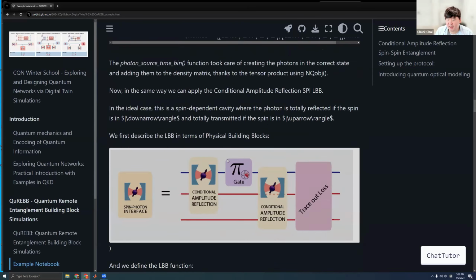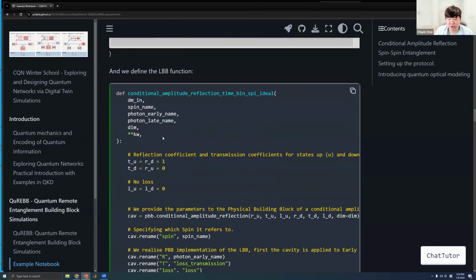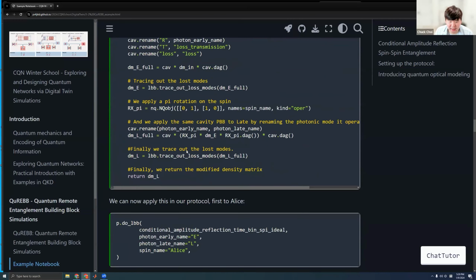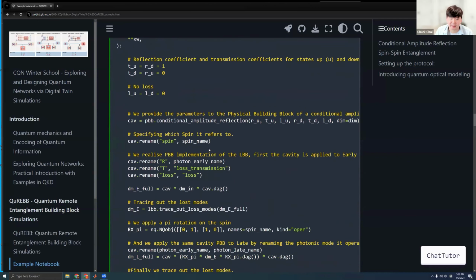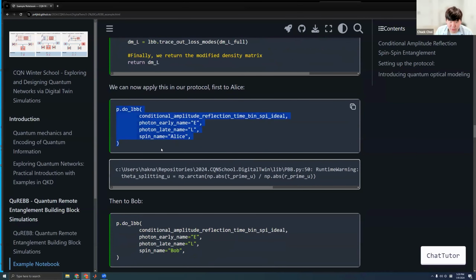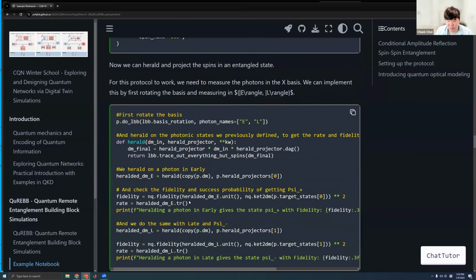By just doing that, you can do the operations of the LBB, but you can also configure your building blocks in more detail with, for example, conditional amplitude reflection and time bin blocks, which we already wrote for you. If you do the LBB like this, the named quantum object can make an operation on the quantum states based on the name of the operation.